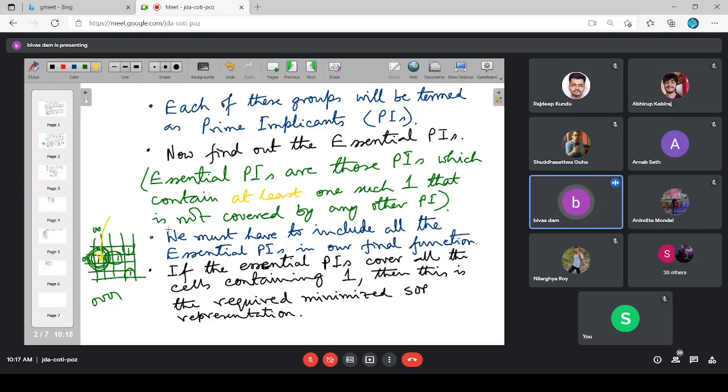Even if there is only one cell in that essential PI which is not being covered by any other PI, if I do not include that essential PI in my function realization, that particular cell which is containing logic 1 will not be represented in the final output. So that implies that all the essential PIs must be included in the function realization.